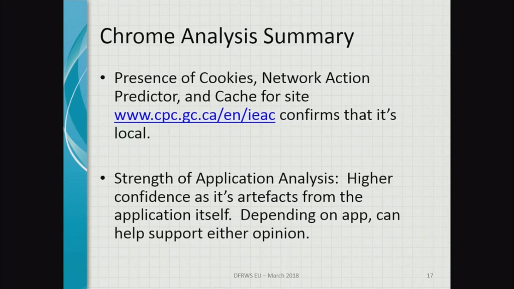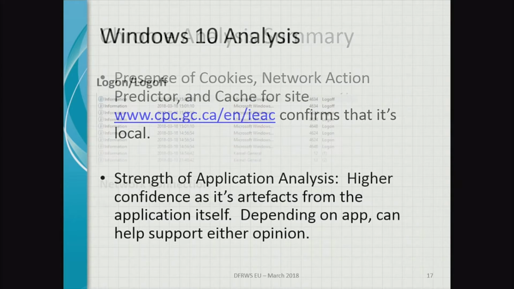So the strength of the application analysis is that it gives you a higher confidence that the artifacts are from the app, because they're artifacts from the application itself. Depending on the app, some will track it better than others. If you end up having an application that syncs absolutely everything seamlessly and there's absolutely no trace, it becomes a lot more challenging.